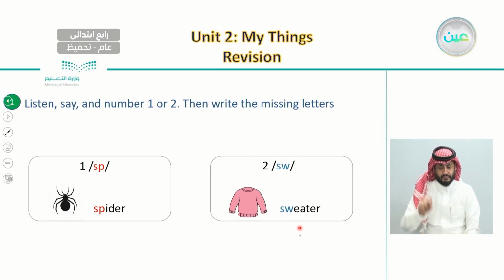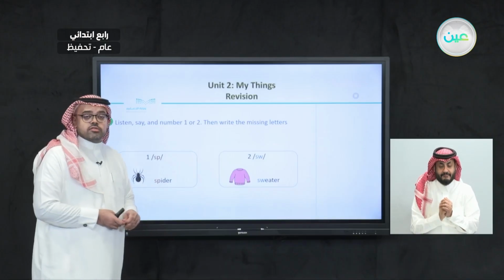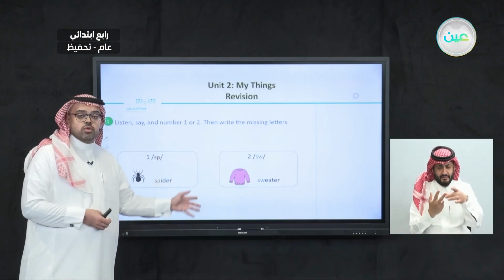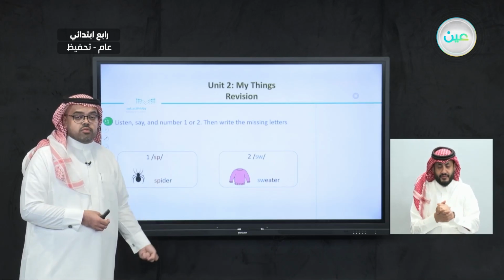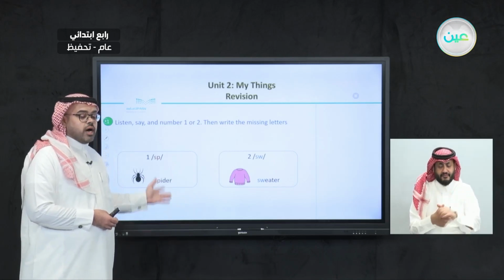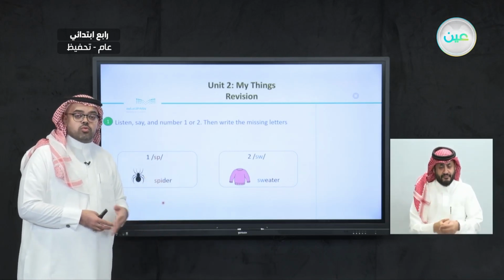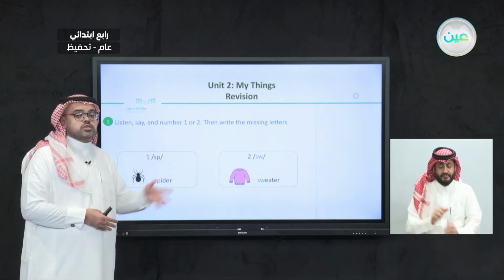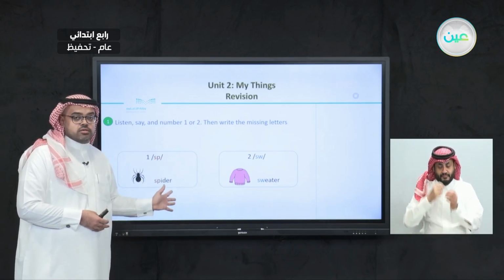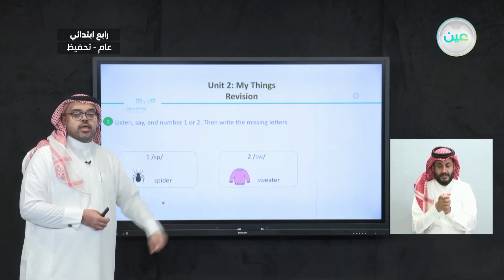Say after me. Sweater. Very well. So now we listened to 2 of these words with different sounds. The first one is spider, and the second word with another sound is sweater. Spider, sweater.